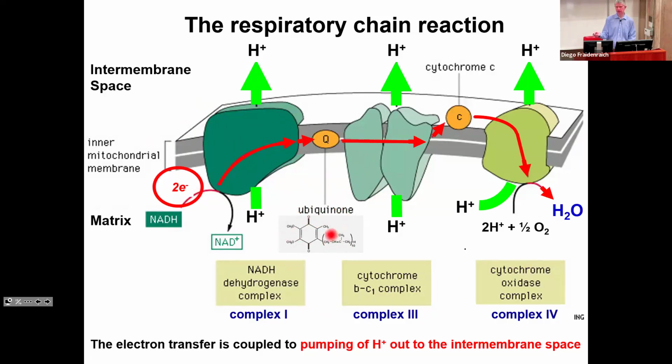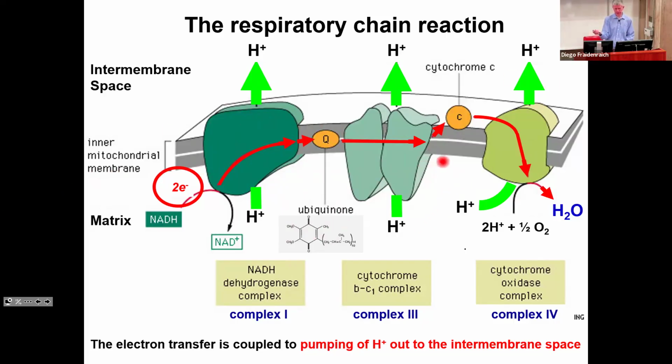There are other components like ubiquinone, which is not a protein, but it transfers electrons, for example, from complex 1 to complex 3. It's sitting in the membrane, and as I said, it transfers electrons, but it's not a protein.